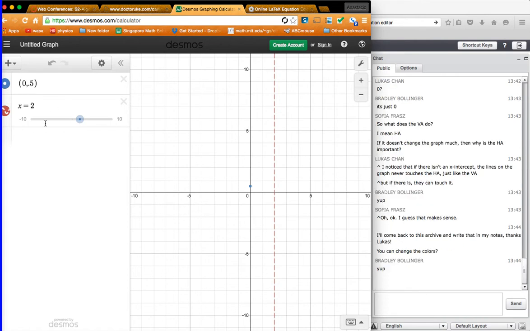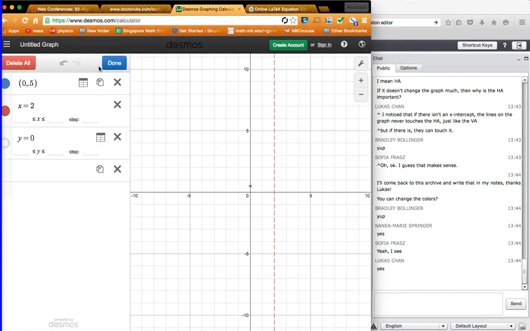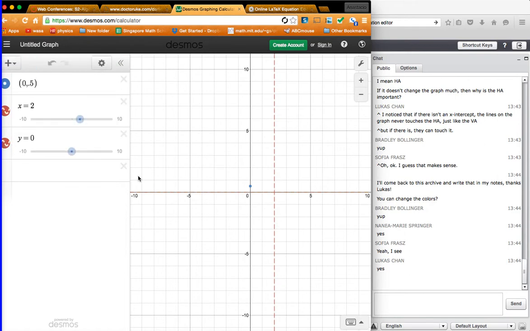All right. And my horizontal asymptote is at y equals 0. Right? And I'm going to, again, change this to a dotted red line. We cool? All right. So here's what my thoughts are.